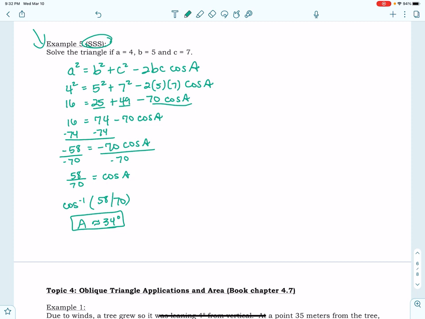So then what we're going to do to find our next angle is we're going to use the law of cosines again. But this time we're not going to start with A, we're going to start with B. So we're going to start with 5 squared, and it's going to equal 4 squared plus 7 squared minus 2 times 4 times 7 times the cosine of B. All right, so tidy this up.